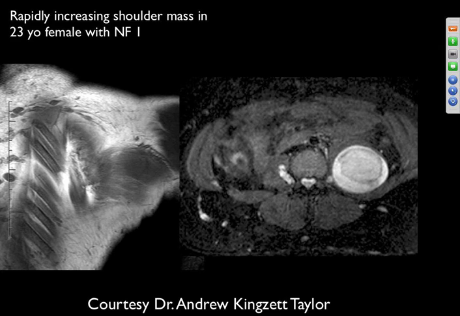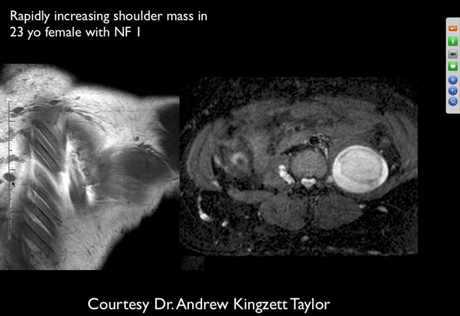Okay. So rapidly increasing shoulder mass in a 23-year-old female with NF1. So there is a pretty well demarcated mass adjacent to the vertebral body, which is very high on T2 with central low signal characteristics. I'm trying to spot it on the T1. I think there are some other things here.